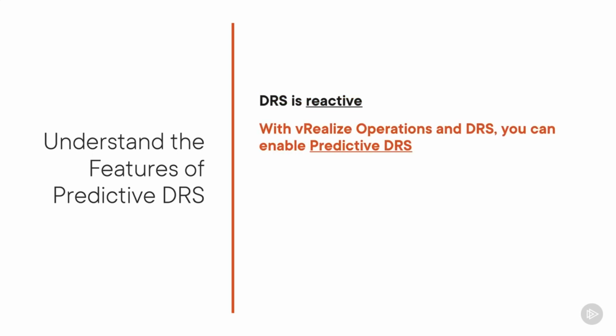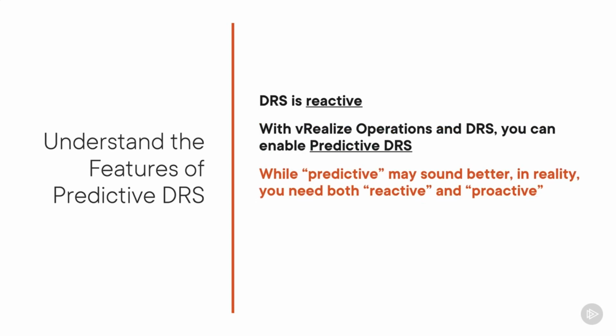However, with vRealize Operations and vSphere DRS together, you can enable what they call predictive DRS. And while predictive may sound better, in reality, you need both reactive and proactive. You need DRS and you need this new predictive DRS as well. That's because predictive DRS isn't going to be 100% accurate.